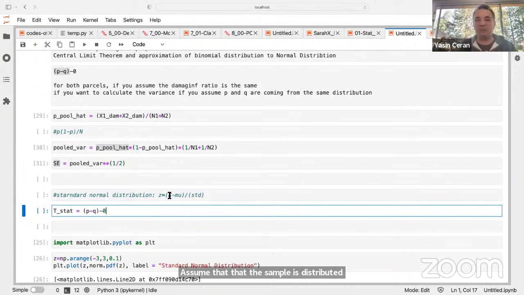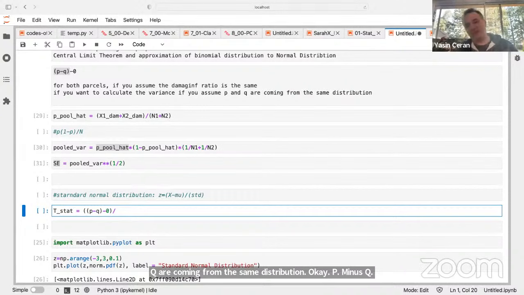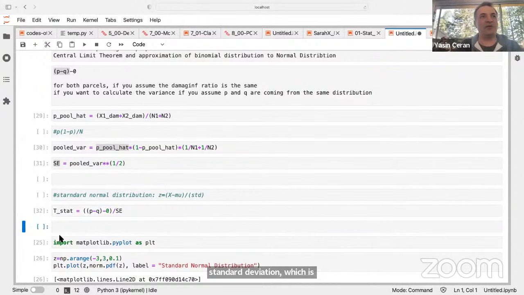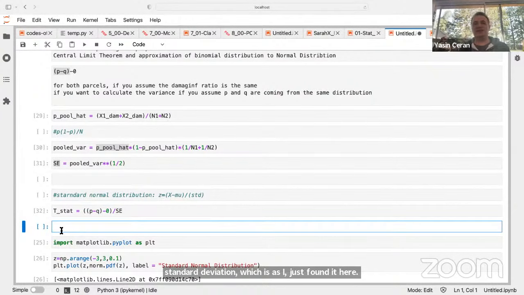So here, our assumption is P minus Q is 0, meaning P and Q are coming from the same distribution. So P minus Q minus 0, and then I'm going to divide by the standard deviation, which is SE, which I just found here. Okay, so I got my T-stat.